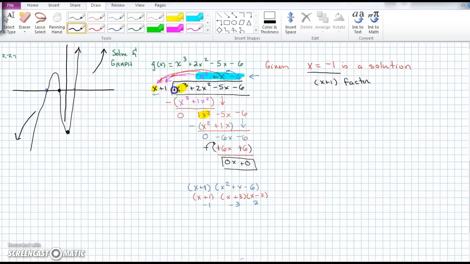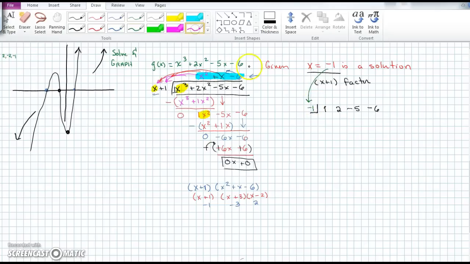So this is really a 1. I'd have 1, 2, negative 5, and negative 6. And I'm dividing by the zero this time, not the factor. So negative 1 comes right in here. And again, it's very procedural.